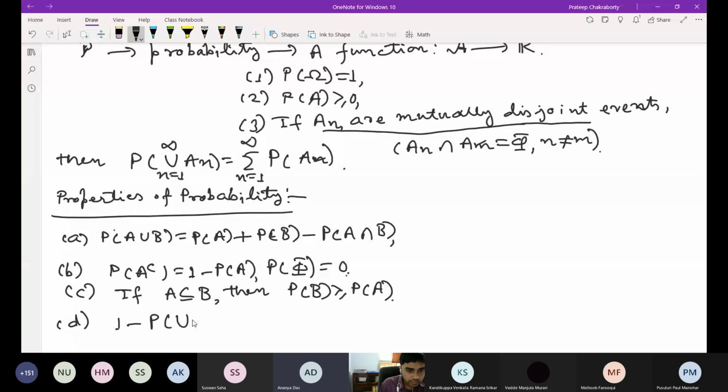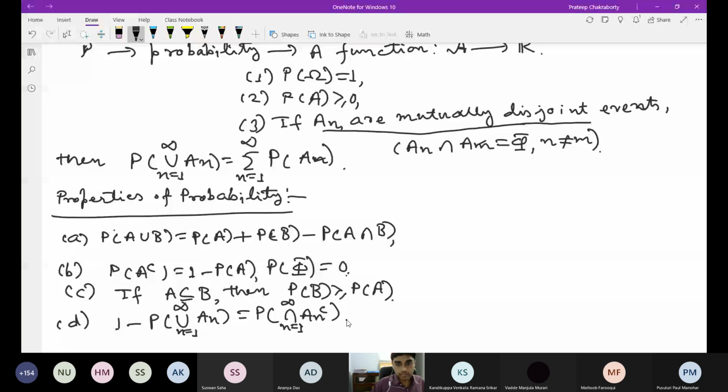Then, one minus P of the union of A_n, n equal to 1 to infinity, is equal to P of the intersection of A_n complement, n equal to 1 to infinity.